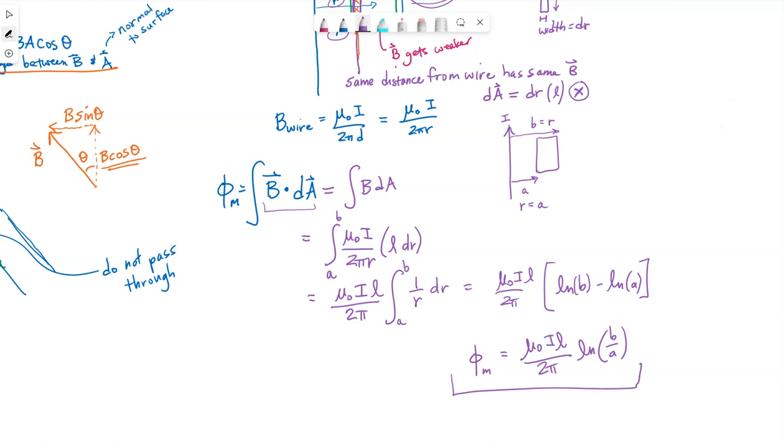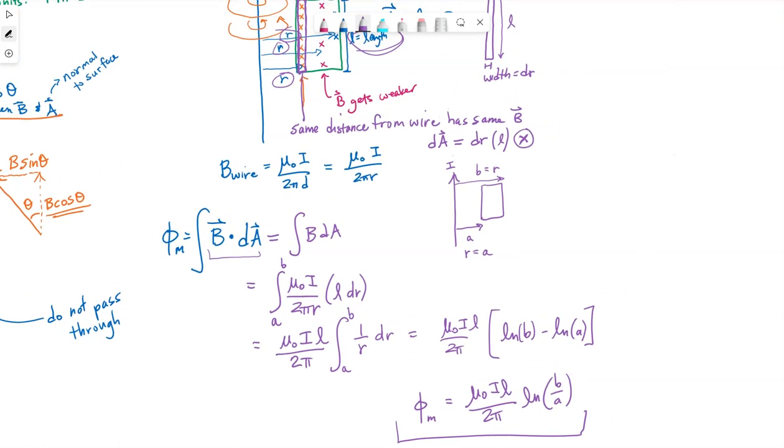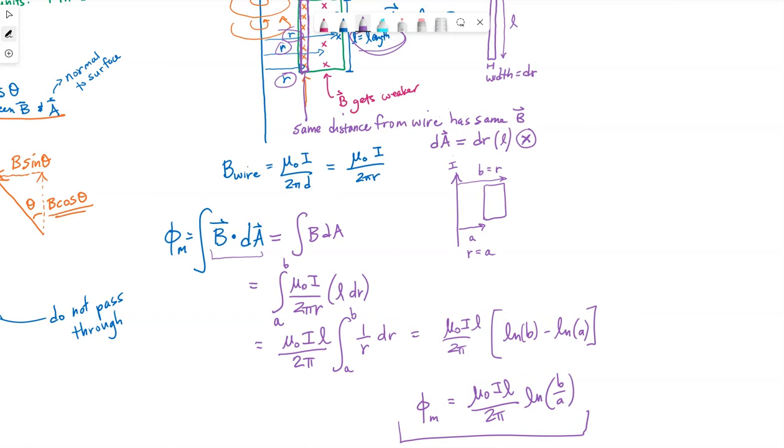And again, we had to integrate simply because the magnetic field is stronger in the sections that are closer to the wire than in the sections that are farther from the wire. So integration has to be done if the strength of the magnetic field is different in different parts of the area.